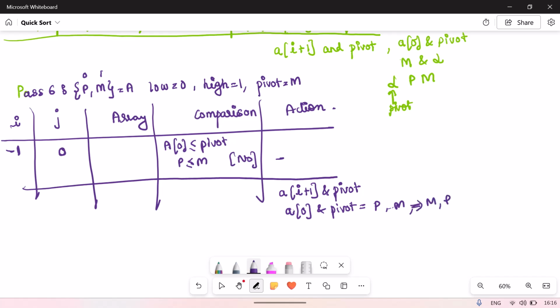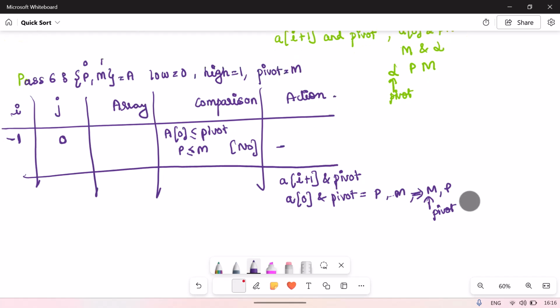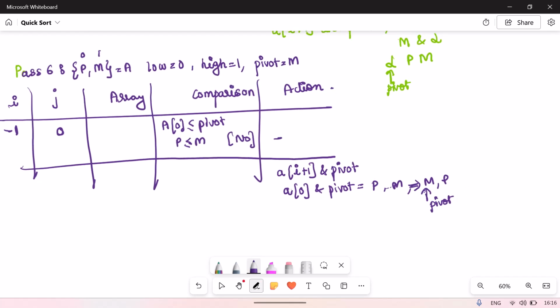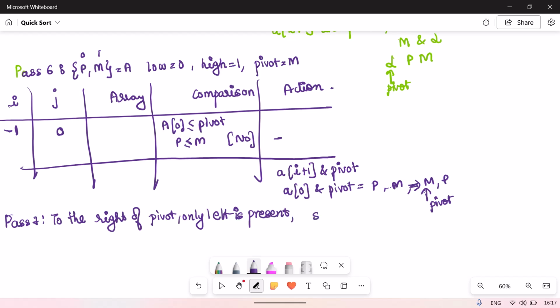So remember, pivot was M. So only one element is left to the right of the pivot. So now pass 7, to the right of the pivot, only one element is present. So no need to sort.